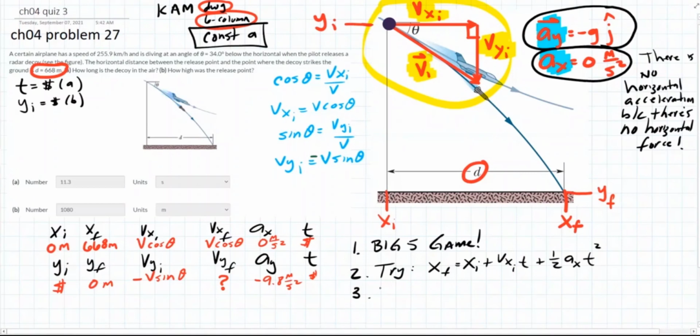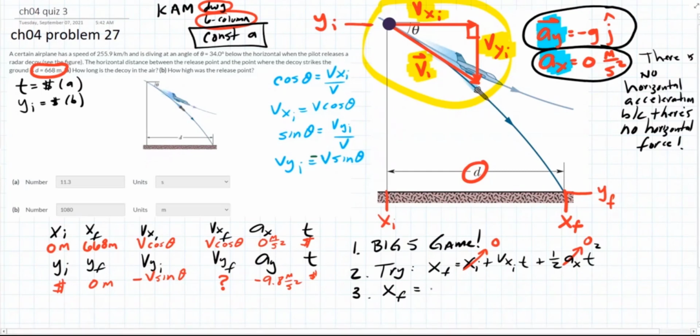So X final equals X initial. X initial was equal to 0. And A sub X is 0. So look what happens between step 2 and step 3.